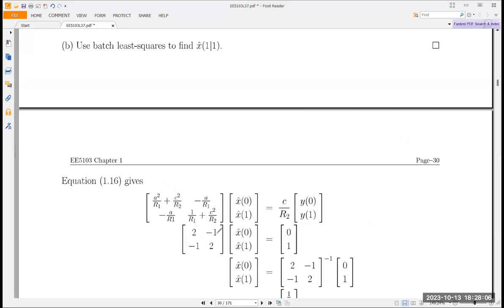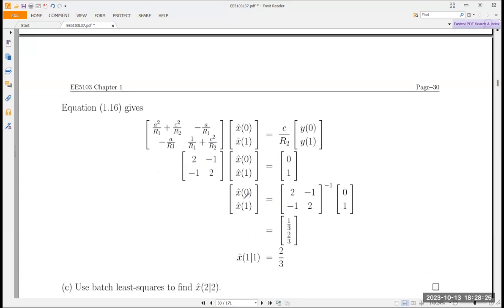So this is 2, this is -1, this is -1. All these are 1, 1, 1, so add up together, this is 2. So this is here, and this is 1, so it disappears. The question says measurement y at 0 is 0, y at 1 is 1. So you like that. Then finally, you put this over, you invert, then you get this.